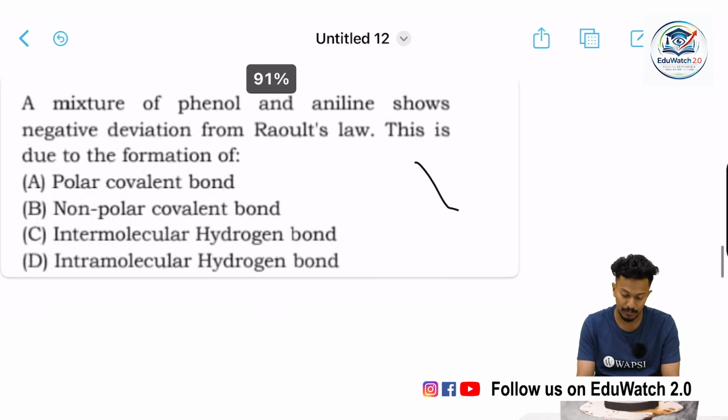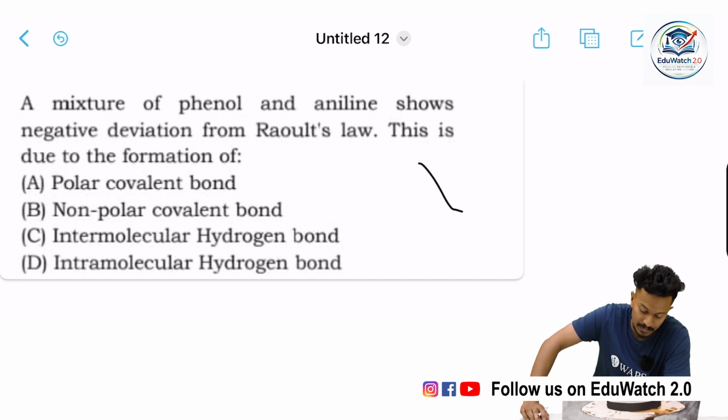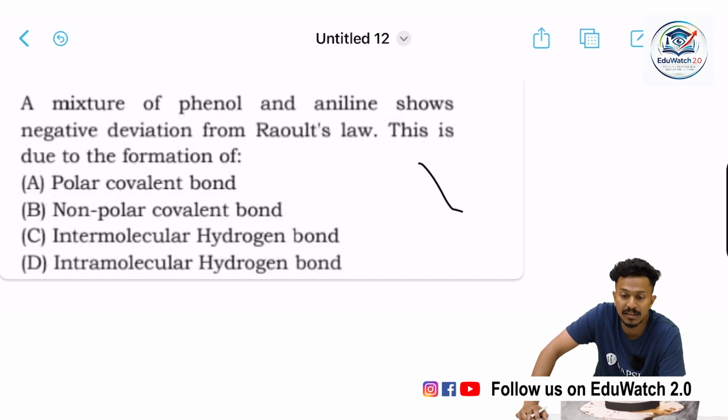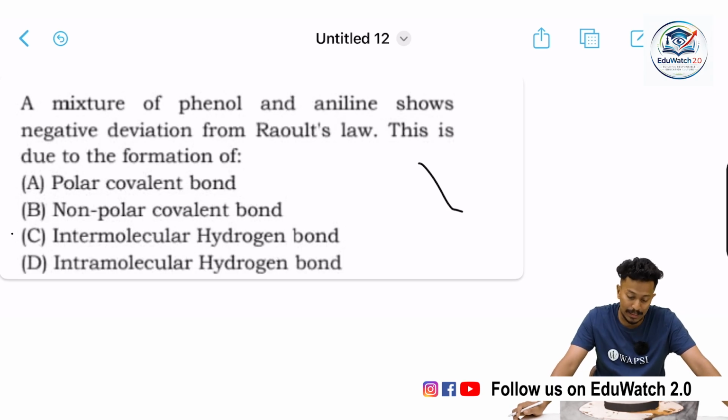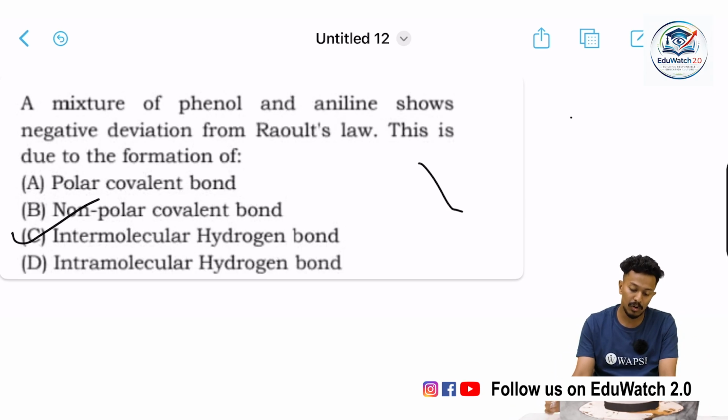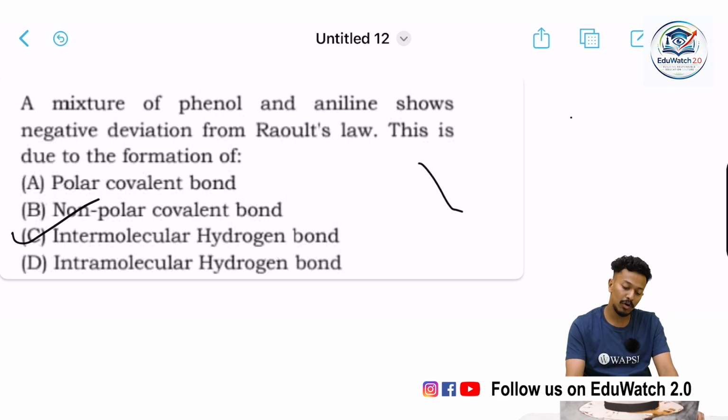A mixture of phenol and aniline shows a negative deviation from Raoult's law. This is due to the formation of what? Polar covalent bonds, non-polar covalent bonds, intermolecular hydrogen bonds, or intramolecular hydrogen bonding. It's actually because of the hydrogen bond formed between the phenol molecules.